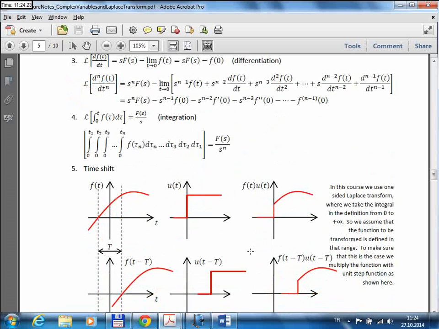There's another very powerful property. This is the time shift property. Suppose that we have an original function.